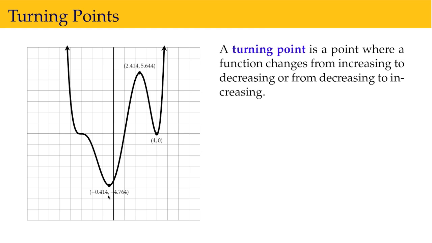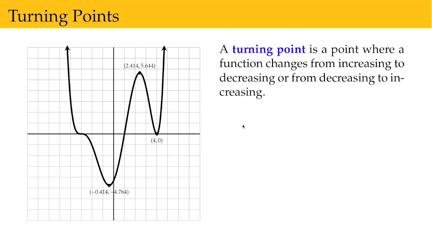Then it's increasing from -0.414 all the way to 2.414. Then it's decreasing from 2.414 all the way to 4. And then it is increasing after that all the way to infinity.